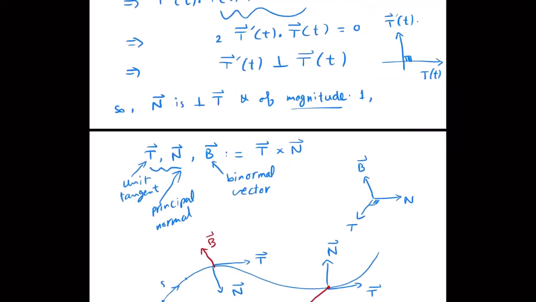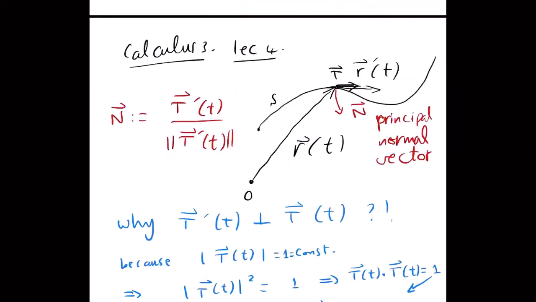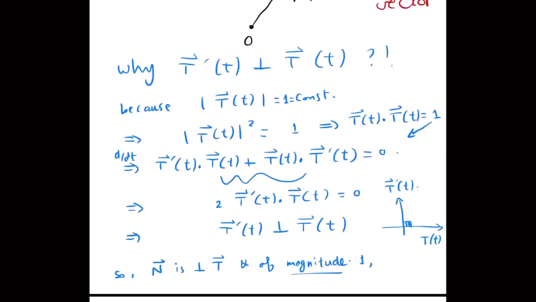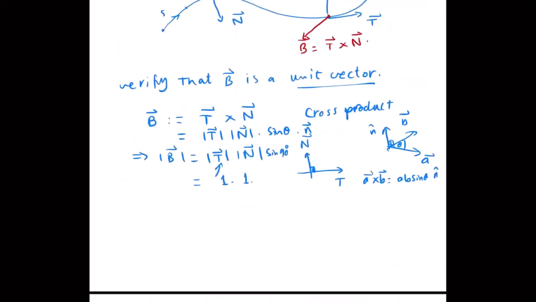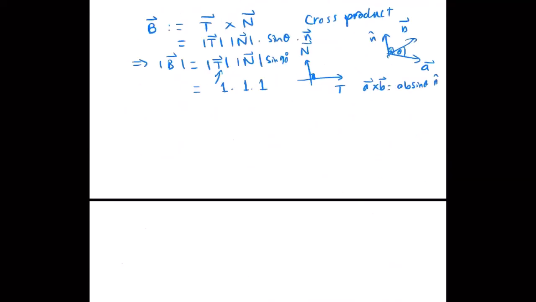See the definition here, the division by the magnitude of T prime, to be sure that we get a unit vector. Sine 90 is 1, therefore we get 1.